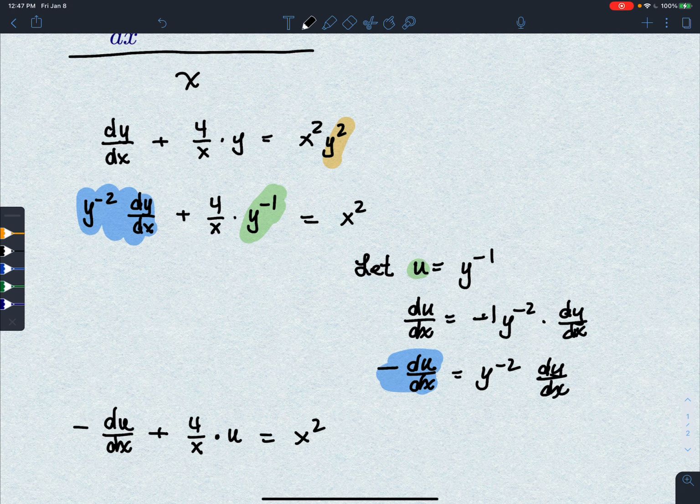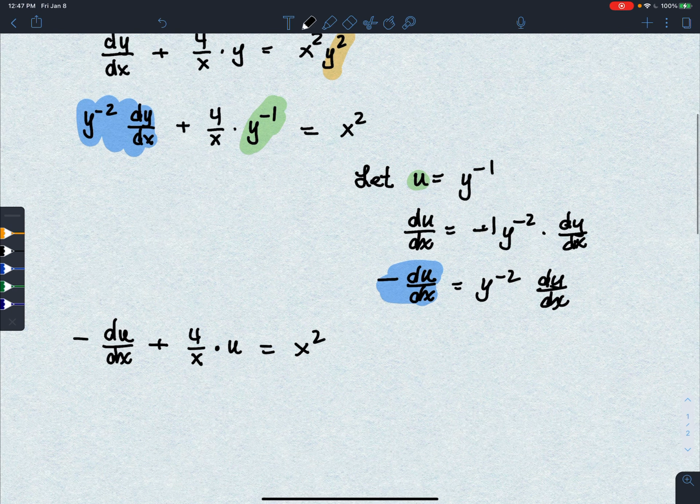We didn't touch the right-hand side. And now, again, looking like a first order linear, except we have a negative in front of the du/dx, I'm going to multiply both sides by negative 1. So that's du/dx minus 4 over x times u equals negative x squared.